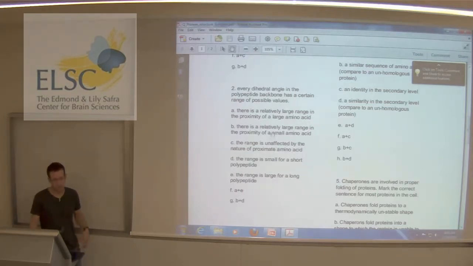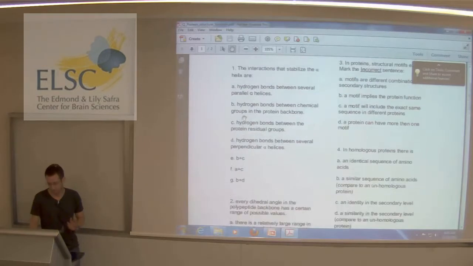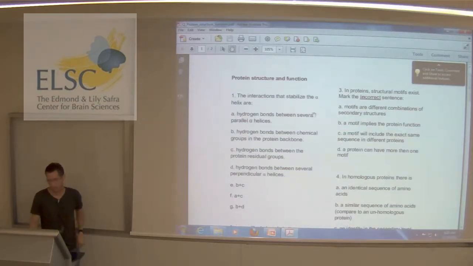I mean, a nearby amino acid. I would say that it might have a small effect on the dihedral, but we didn't discuss it. C in this sense is a correct sentence as it is. But again, I would discard this question if it found its way to an exam. It has too many ambiguous points in it.